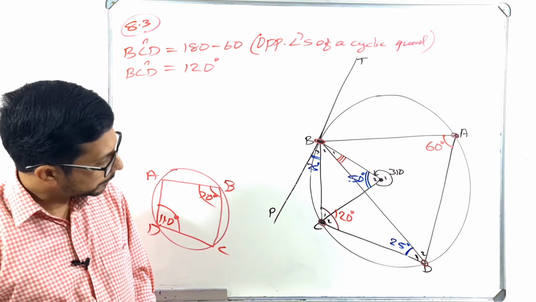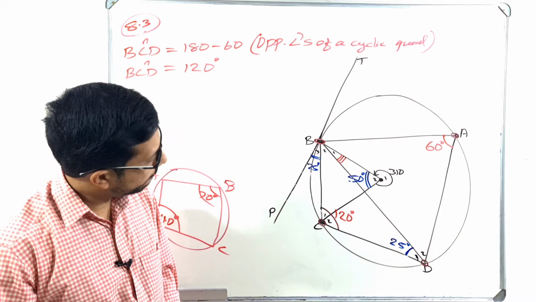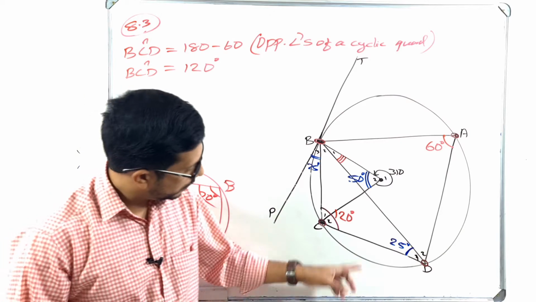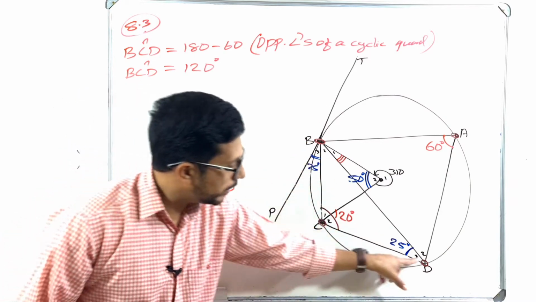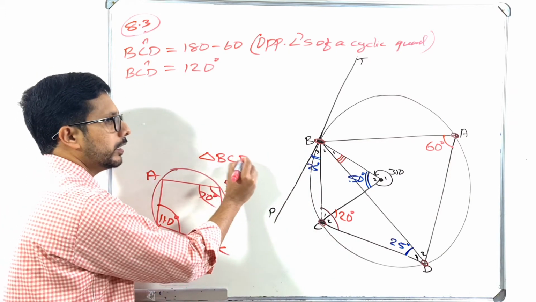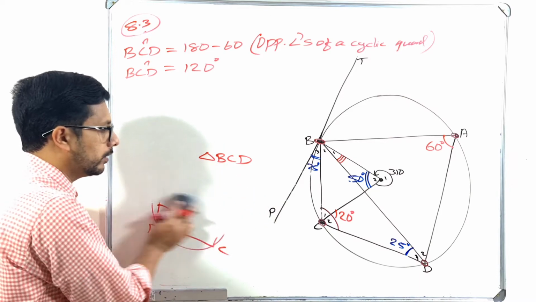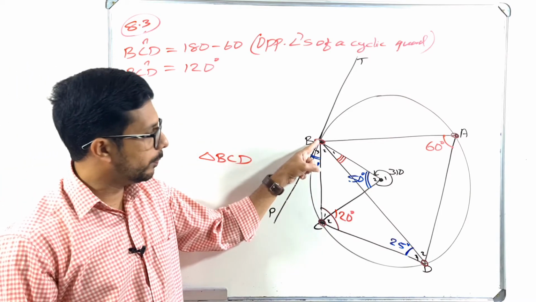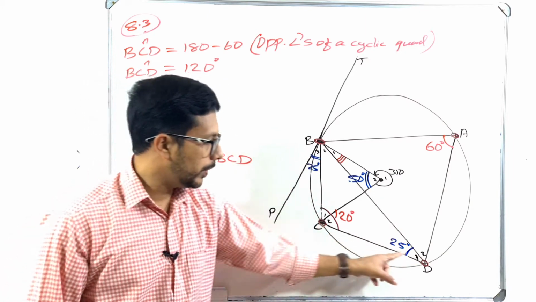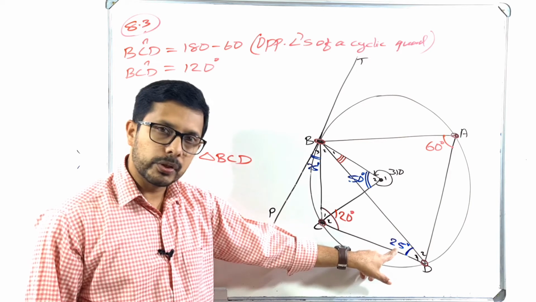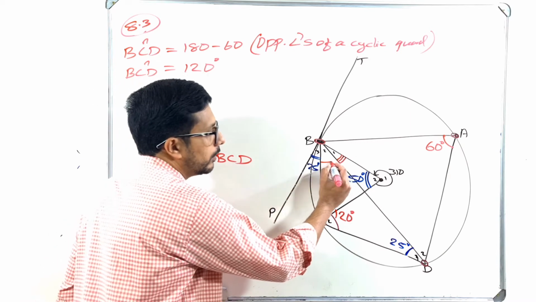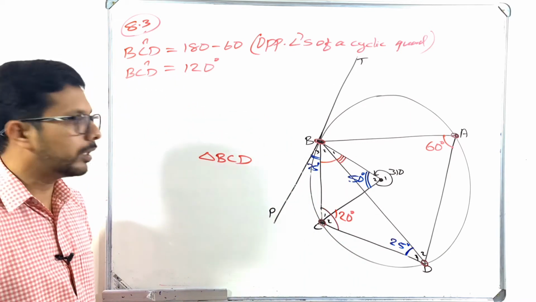Now look at this one. Look at this triangle BCD. I'm talking about the triangle BCD. Identify that triangle there. In that triangle BCD, we know that this angle is 25, and now we know that this angle is 120. So what about the remaining angle, angle B2?